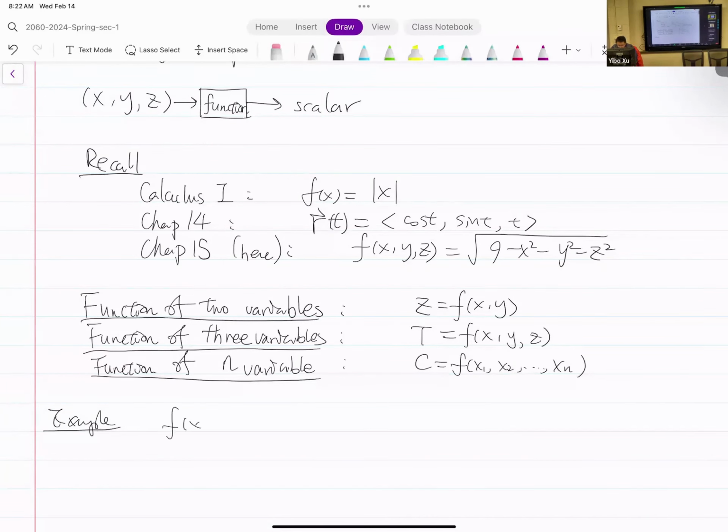So if we have f of x, y defined as a fraction, the radical of x plus y plus 1 over x minus 1. So here we have a function of two variables, right? And of course, it will return a scalar as the output. Okay?